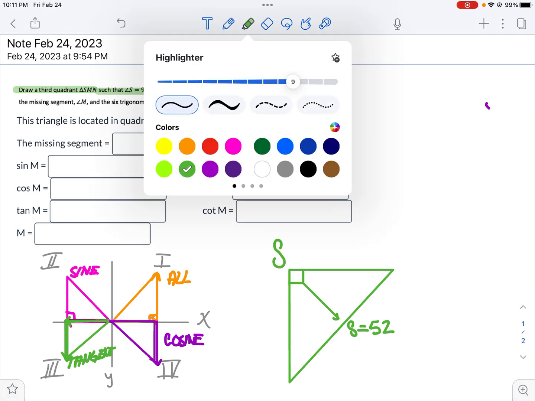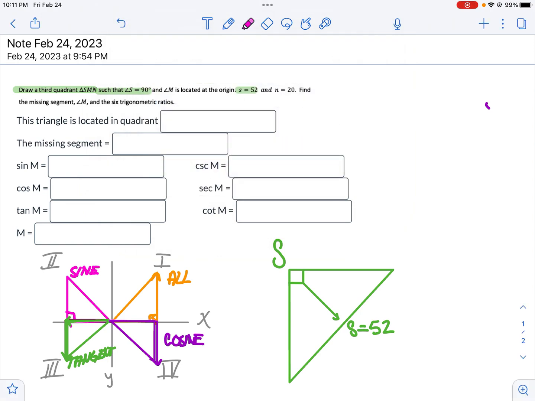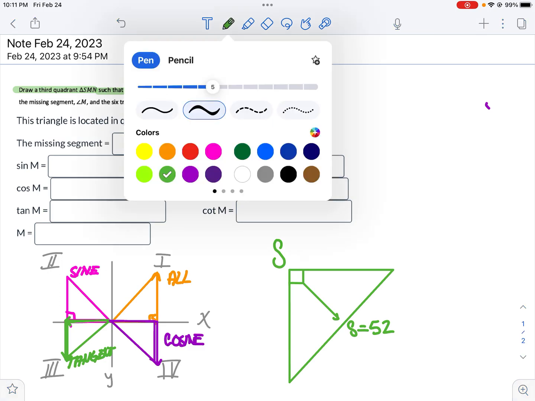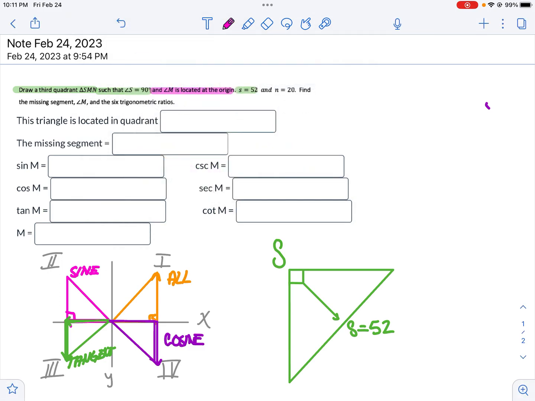Then it tells us that M is located at the origin. So we are going to put M at the origin. And if M is at the origin, then this side of the triangle is segment M, and we don't know its value.